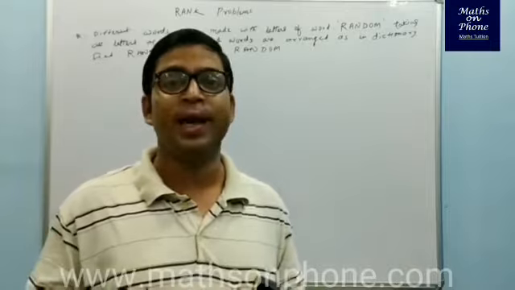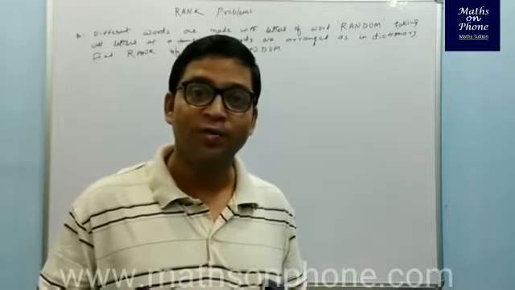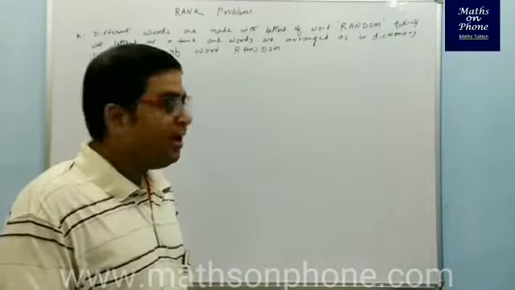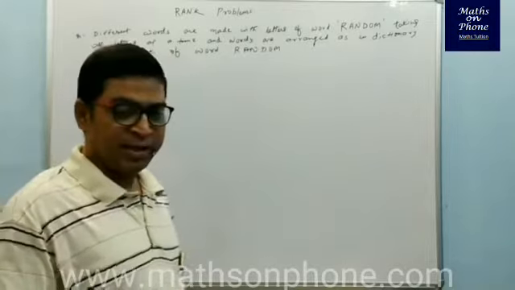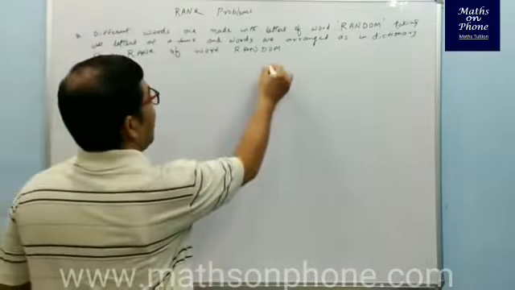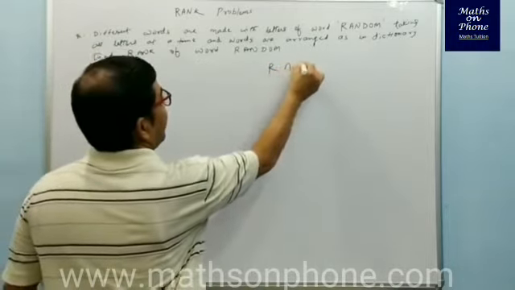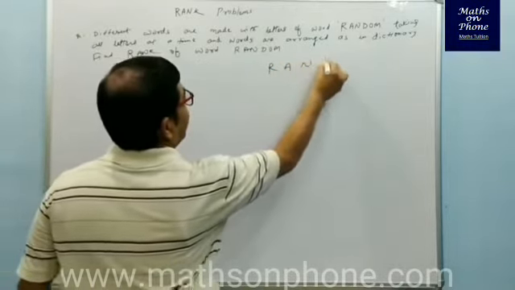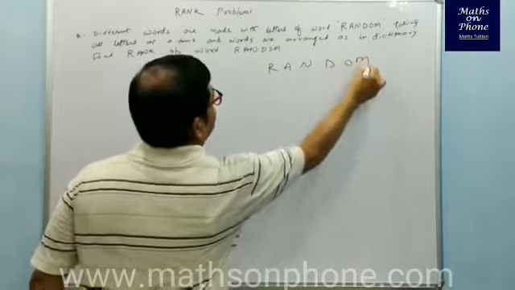Then what will be the actual rank of the word RANDOM? We will just see that the word RANDOM consists of the letters R, A, N, D, O, M.